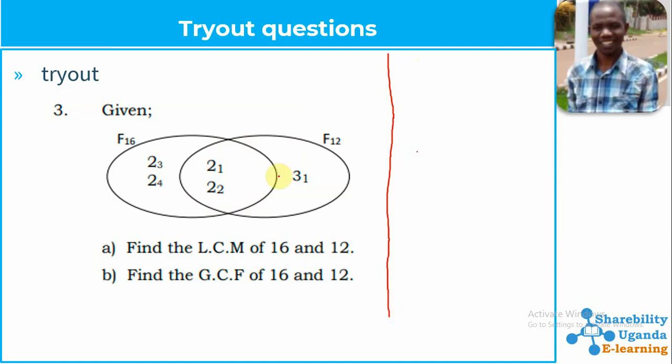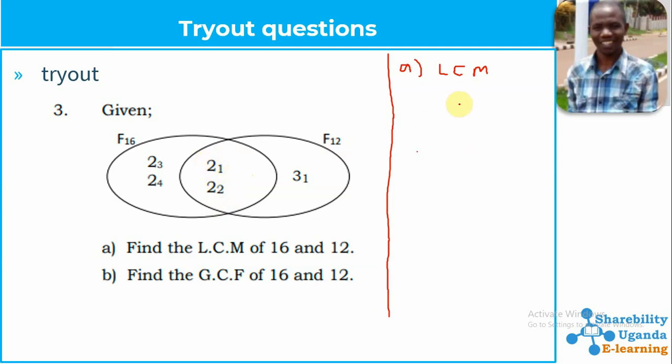So we shall use that basic concept of sets to understand and solve these numbers. Let me draw something here where we can discuss from. In part A, they want us to find the lowest common multiple using prime factorization. As you can see, what is represented on the Venn diagram is the working of the prime factorization method, using either the ladder method or the factor tree method.